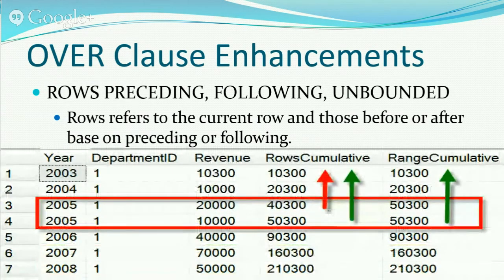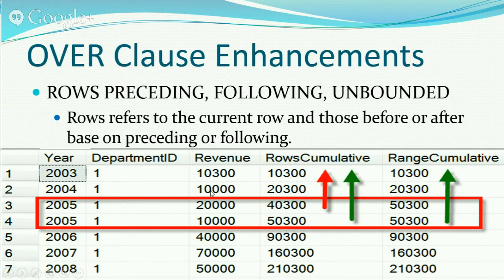So for example here, if we look at this data set, where we're looking at years, and there happens to be 2 items for year 2005, if our windowing function is over year, and we're calculating the rows cumulative, it's going to, for instance, to add these up, there's nothing before this, so the revenue is 10,300, the cumulative is 10,300.